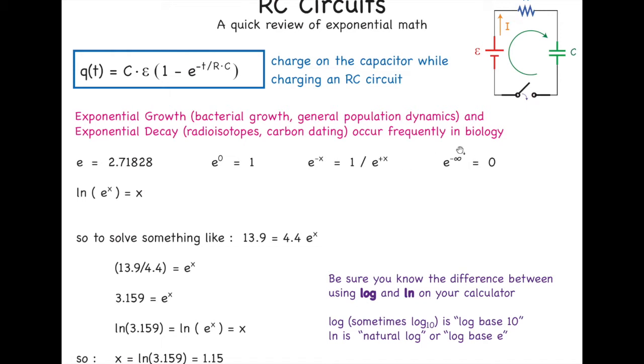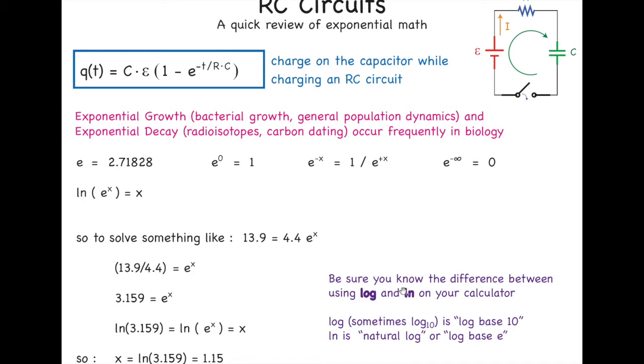If you take e to the minus infinity, you get 0, because you're effectively taking 1 over e to the positive infinity, and a positive number taken to the infinity power is effectively infinity. 1 over infinity gives you 0. The other important thing to know when working with these exponents is that the inverse function of an exponential is the natural logarithm.